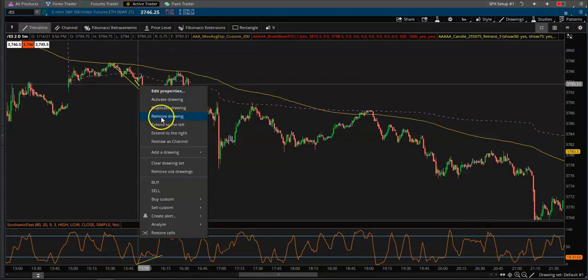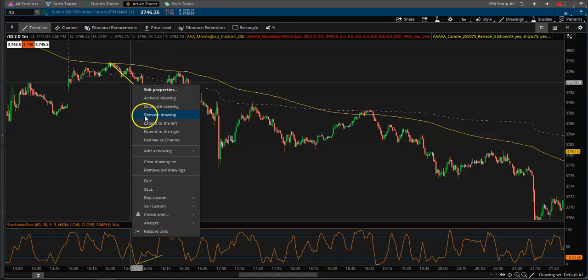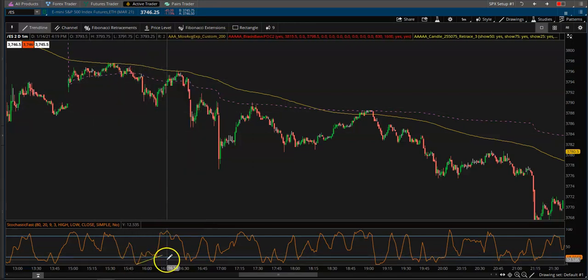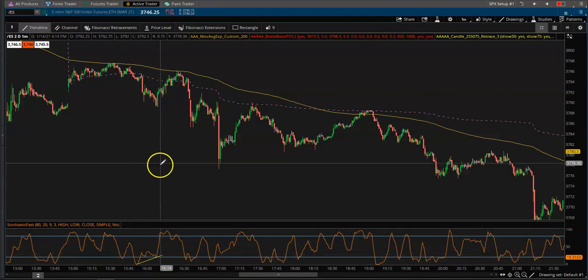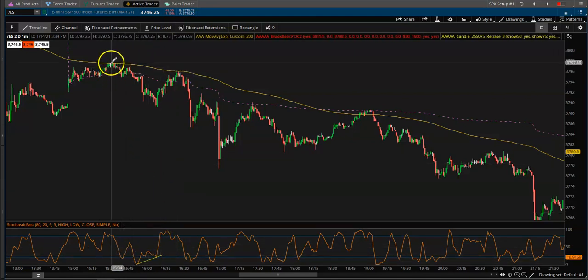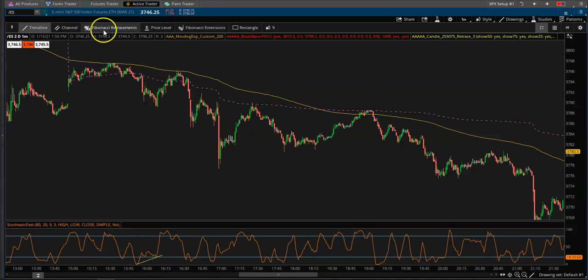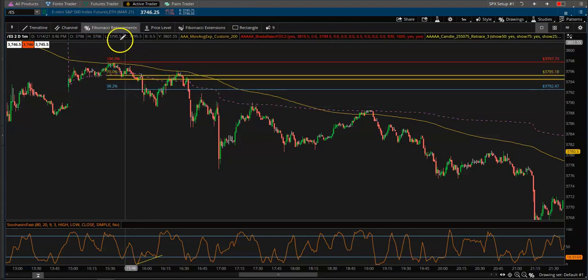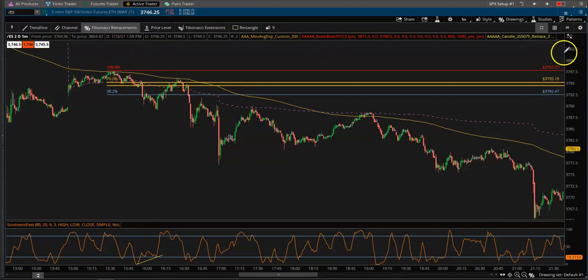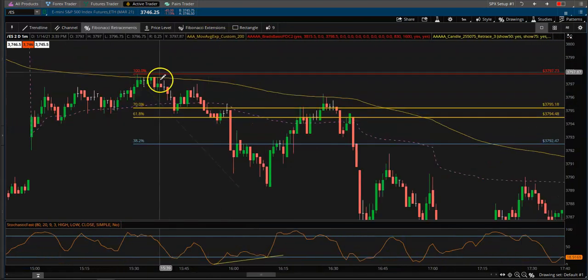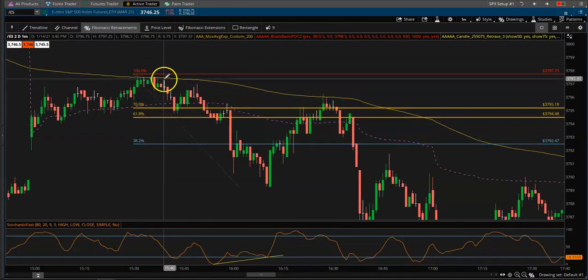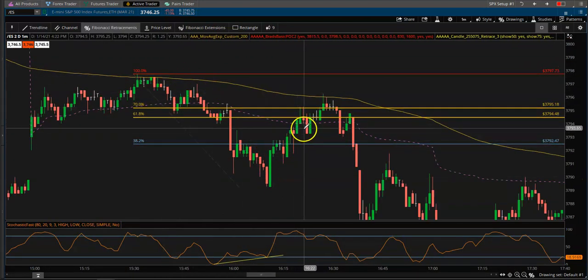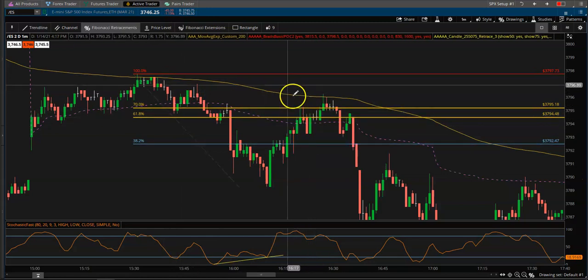Well, what we want to do is identify the divergence if there is one, okay? Just something to be aware of, right? But let's go from this high to this low, grab our Fibonacci, and draw our zones, right? The way I have my Fibonacci set up is, here's our leg, here's our retracement back up.